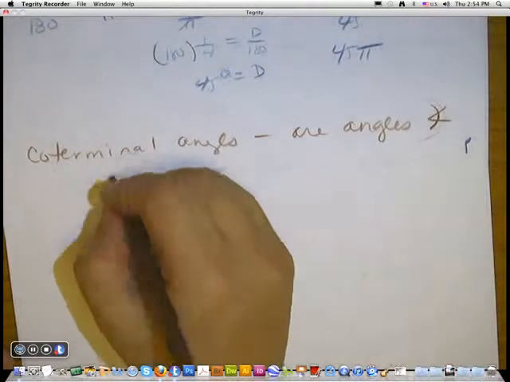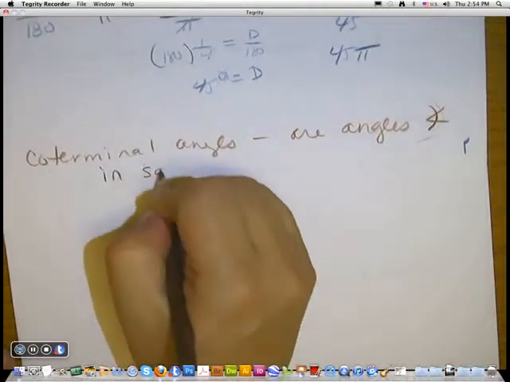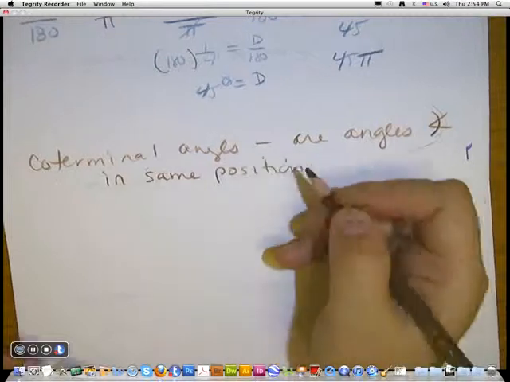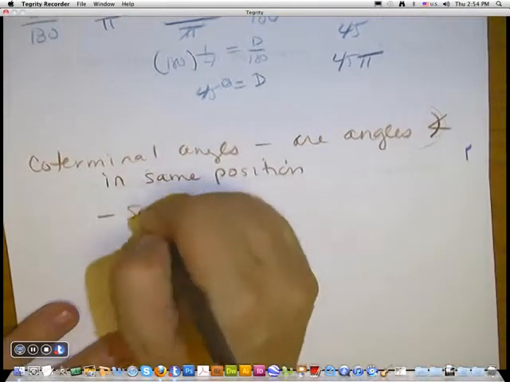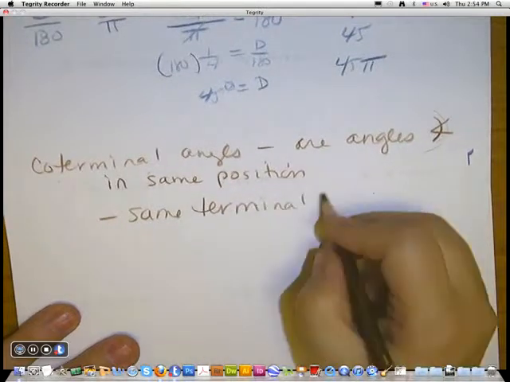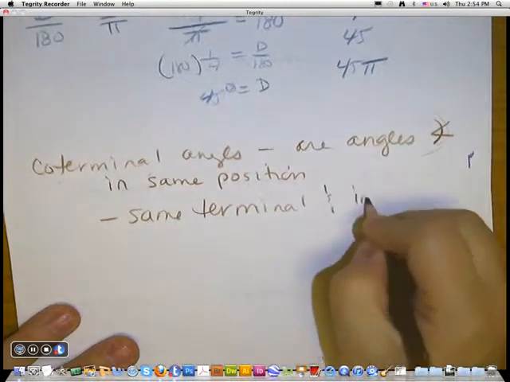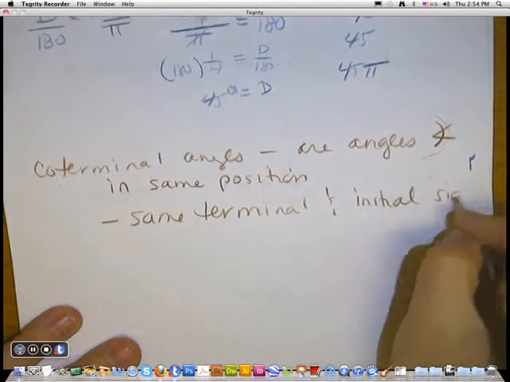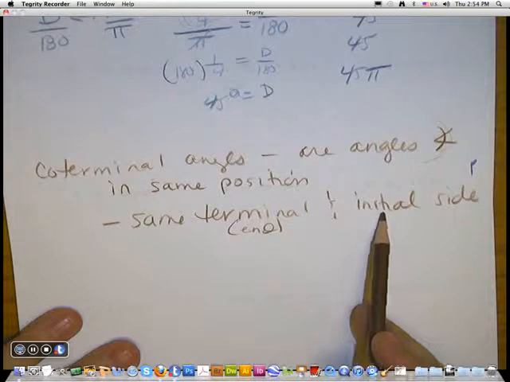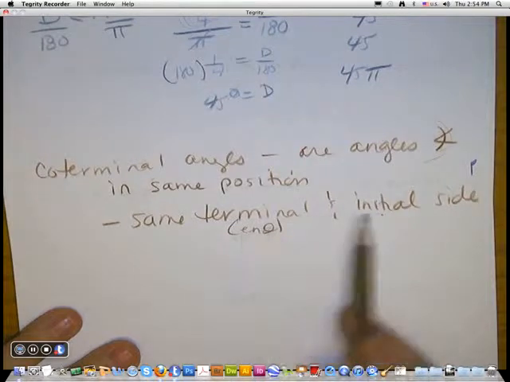Coterminals are angles in the same position. That means they have the same terminal and initial side. Terminal means end. So begin, initial, and end. They have the same beginning and ending.